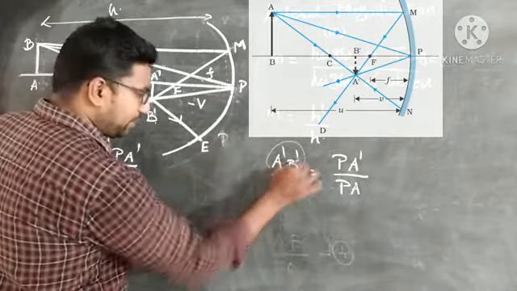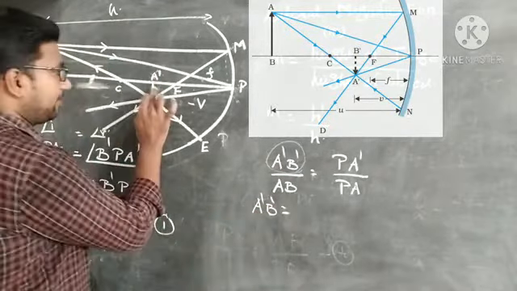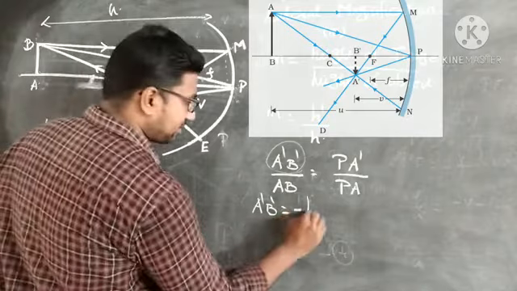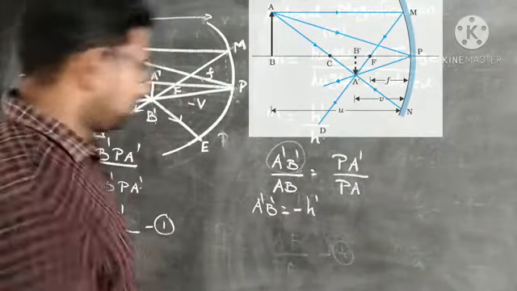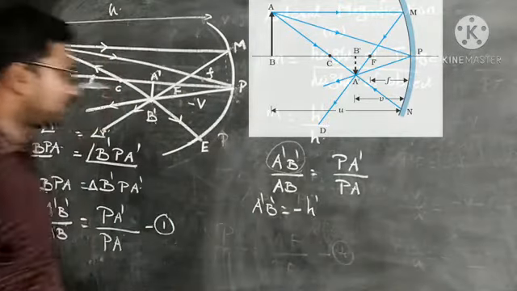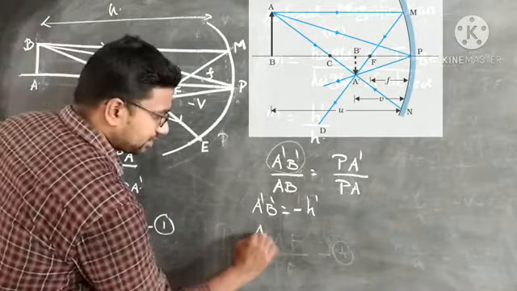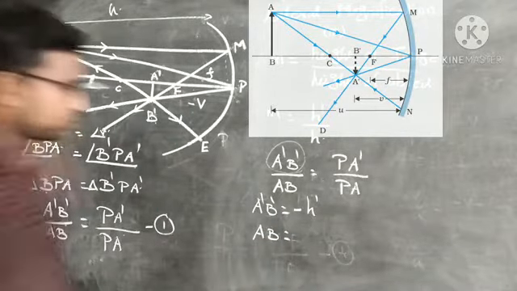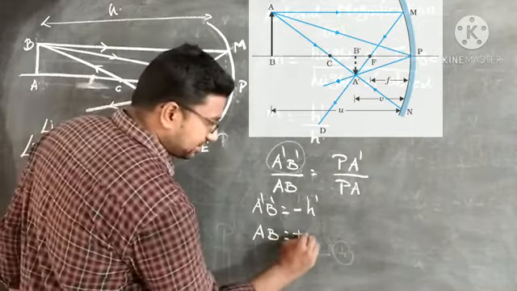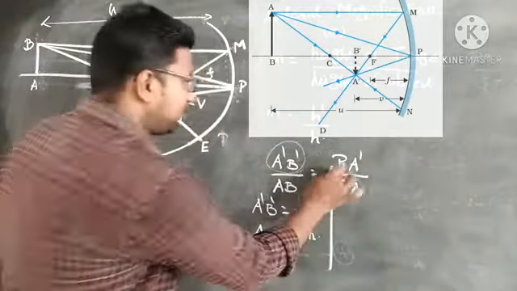So A prime B prime is equal to minus h prime. And then AB is the height of the object. It is in the upward direction on the principal axis, so I am going to put it as a positive sign of h.